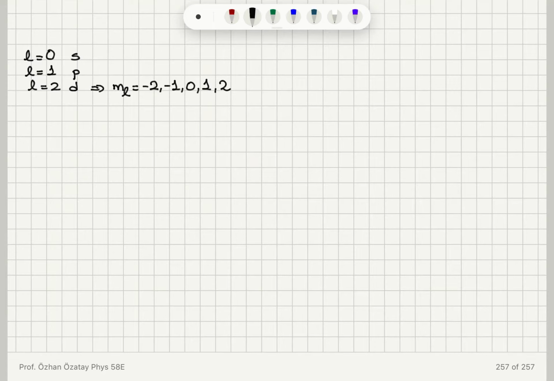So if you consider the d orbitals, for each m sub L value we have 5 subshells.